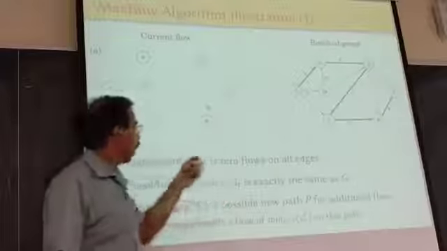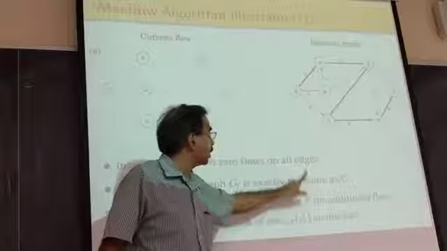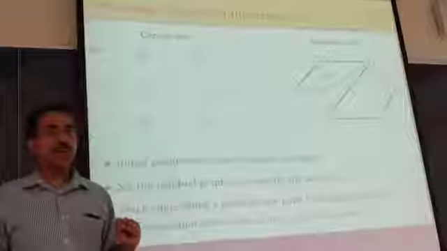So what you can push through this whole path is just 1. You have to take the minimum of all of the capacities of the edges on the path that you have sketched from S to T. So in the first step, you have picked this path S, A, D, C, E, T, and you're going to push 1 unit of flow through that path.